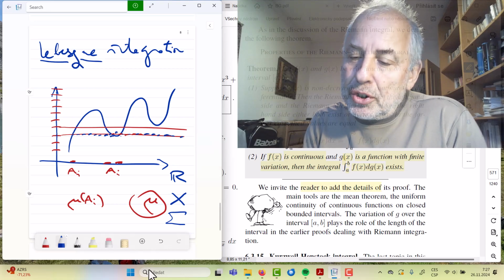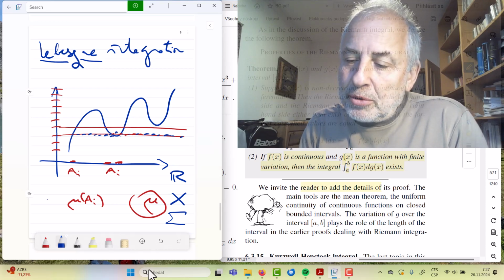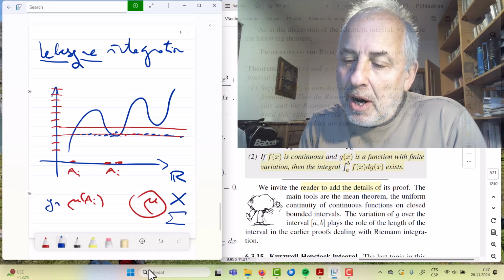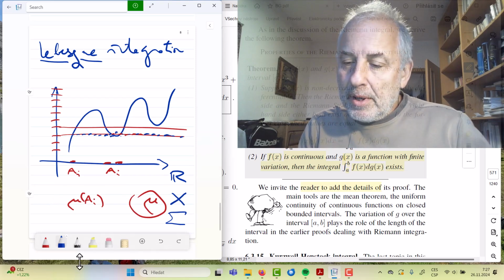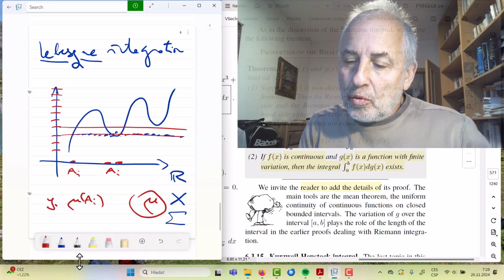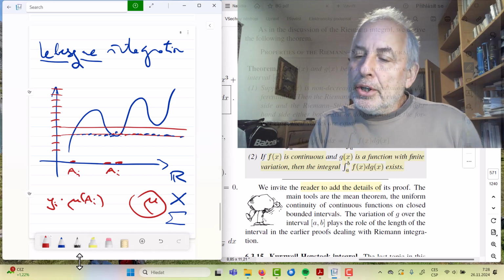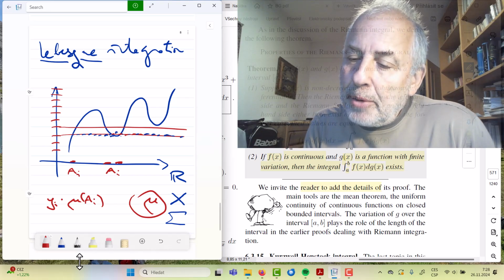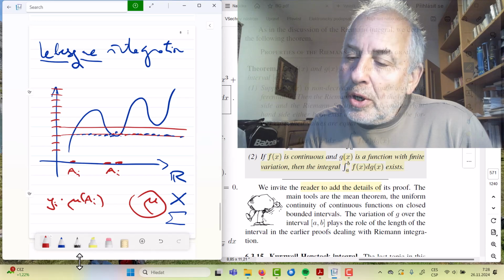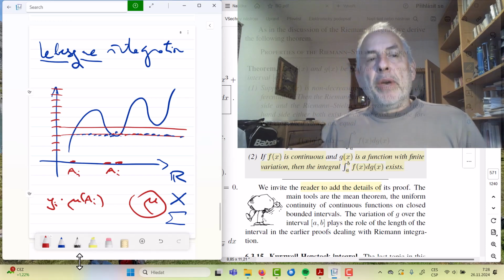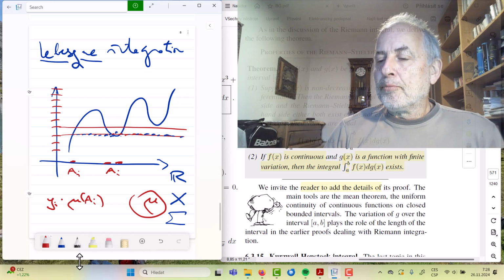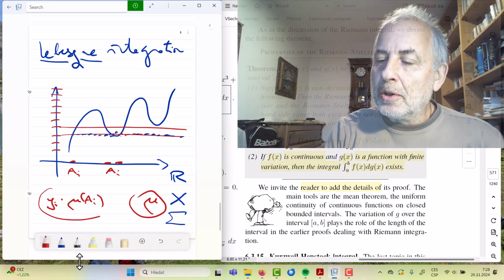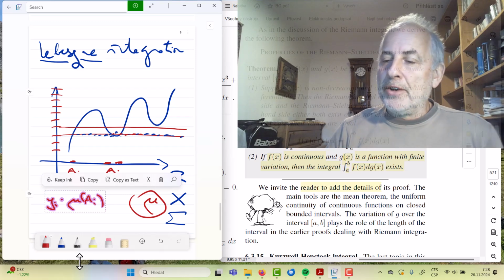This will be y_i. I should keep the colors. So y_i times the measure of the set. Simply I take the approximation from below, and I take how big the domain is, and this is the contribution of this small value, right?